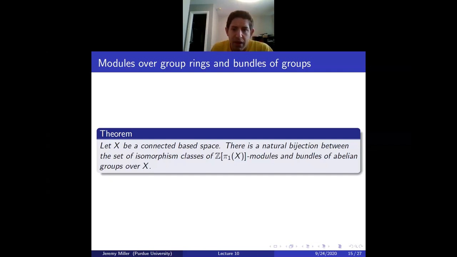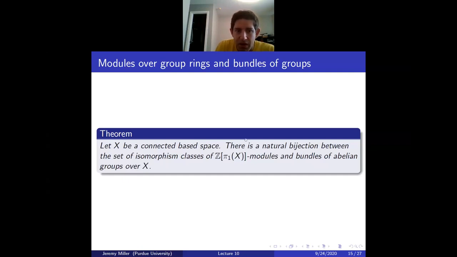One slight downside is I'll only be defining homology with twisted coefficients for based spaces, even though it does make sense for spaces that aren't based. Okay. Any questions? I'm not going to prove this theorem, but I'm going to say what the two maps are, and the proof is just checking that the two maps are inverses to each other.